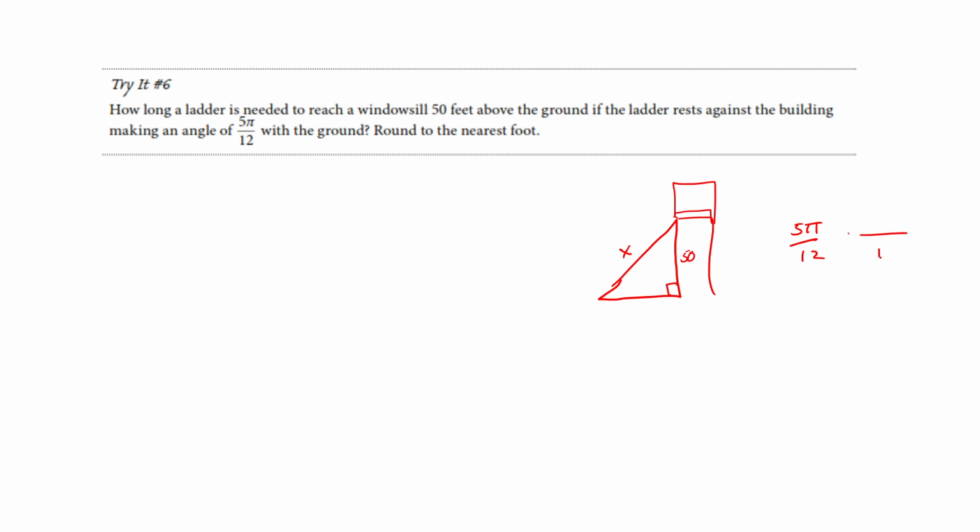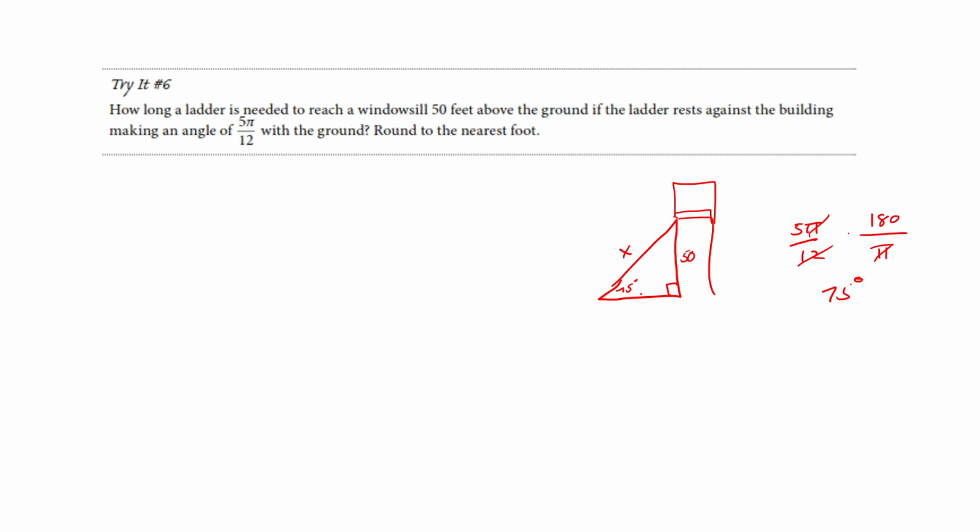Our conversion from radians is 180 over pi, so those will cancel. 180 divided by 12 is 15, and 15 times 5, so this is a 75-degree angle. I don't think in radians very much except the basic angles, so I'm going to make this degrees. But if you're comfortable, you could have done it on your calculator in radians. That's fine.